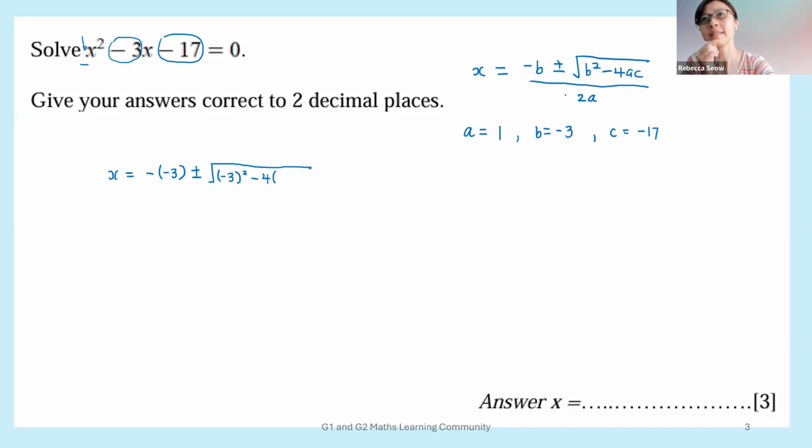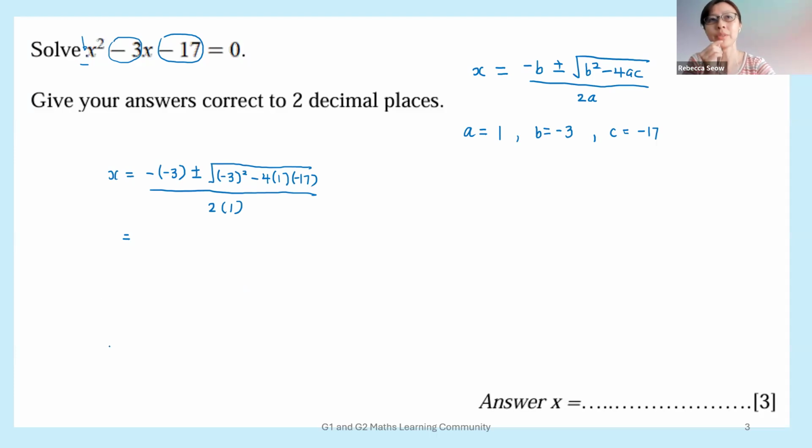Now, a and c being together means a times c. So 4ac, all over 2a. The step above was just the substitution that I have done for all values of a, b, and c. Take note that if there is a negative sign in the values, do put it in as well.